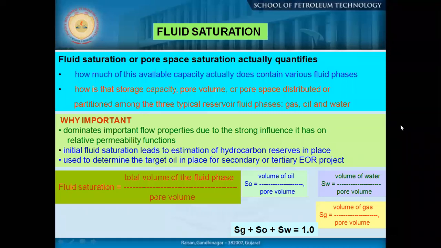So now, why fluid saturation is important, and how we gather the information. Fluid saturation is very important for quantifying our volume of reserves. Number two is the saturation.